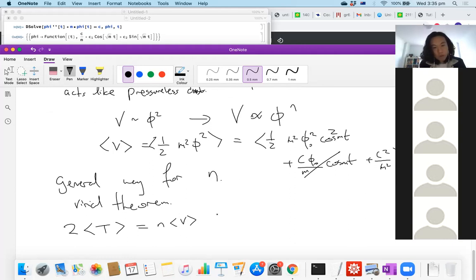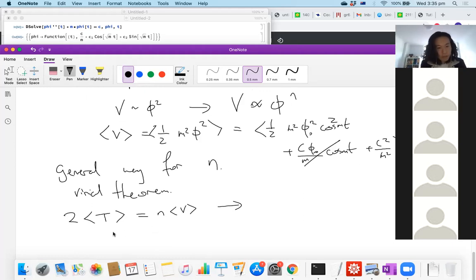Normally you might see this as T equals V, because n usually equals 2 for gravity. But in general, you can get the Virial theorem like this.